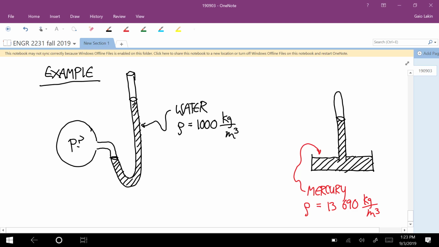And let's say that this distance is measured to be 0.55 meters. And this distance is measured to be 0.8 meters.